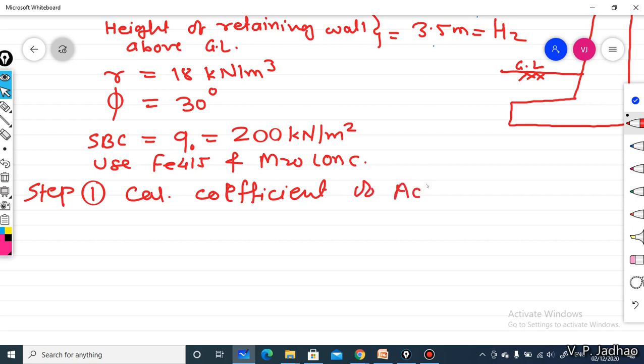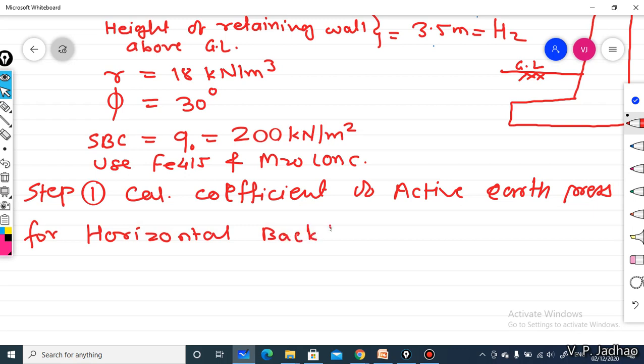For horizontal backfill, we have the formula: Ka, coefficient of active earth pressure, is equal to (1 minus sine phi) divided by (1 plus sine phi), where phi is the angle of internal friction.